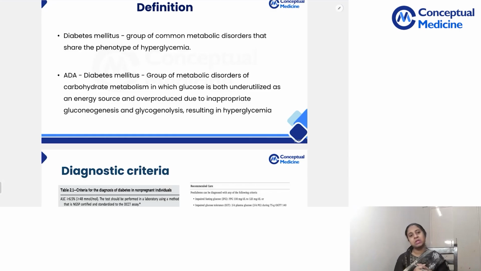But in this case, impairment happens in every pathway, and that way you will have an overproduction of glucose on one hand, and at the same time an underutilization of glucose. All will result in hyperglycemia. So just know the definitions, because there could be some age-old professors in your college who may ask you the definition of hyperglycemia, and that is the reason.